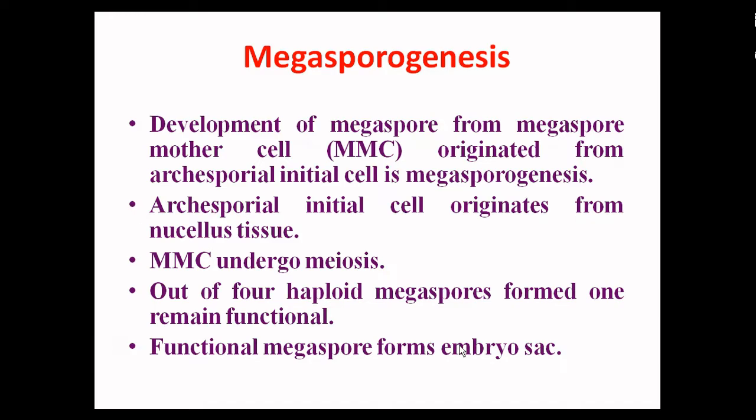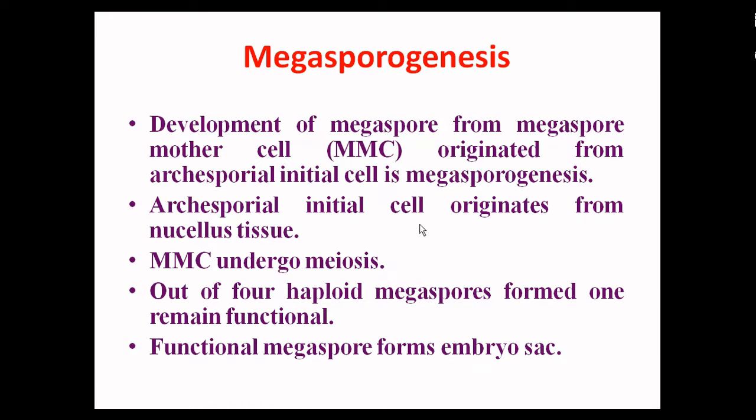The next point is megasporogenesis. Megasporogenesis is the process of development of the megaspore from the megaspore mother cell, which is originated from the archisporial initial cell from the nucellus tissue.